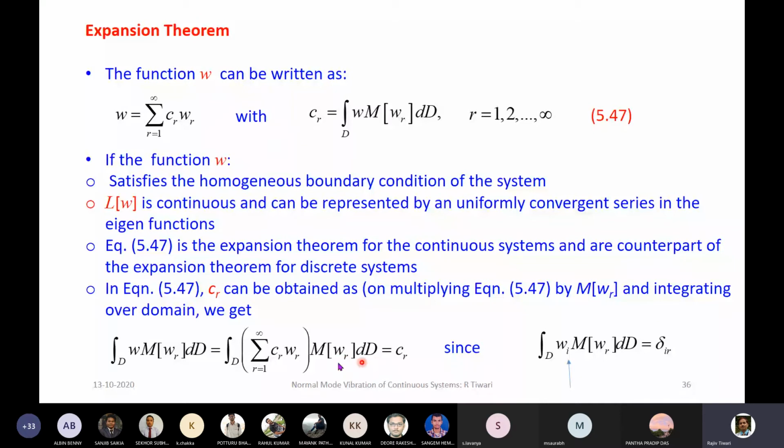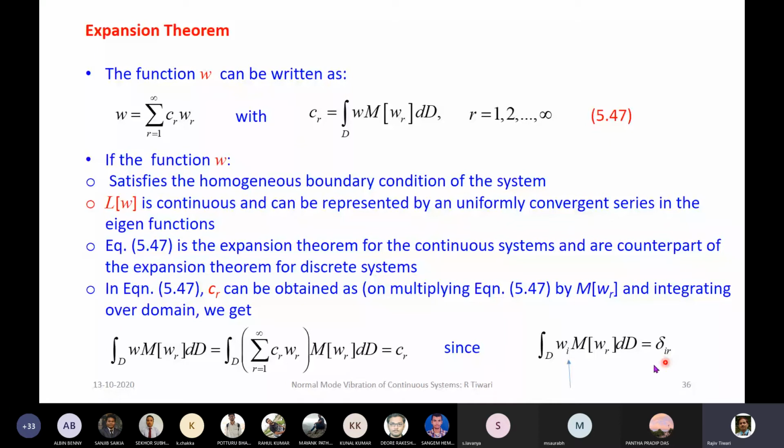Now on the right side, because this is a summation with terms from r equal to 1 to infinity, and here we have WR only, all terms from 1 to r minus 1 will be 0 according to the orthogonality condition, and even r plus 1 to infinity will be 0, because once the index is not equal to r, it will be 0.